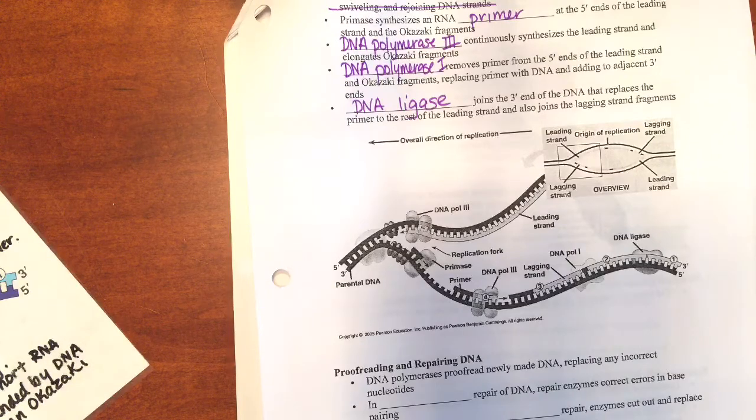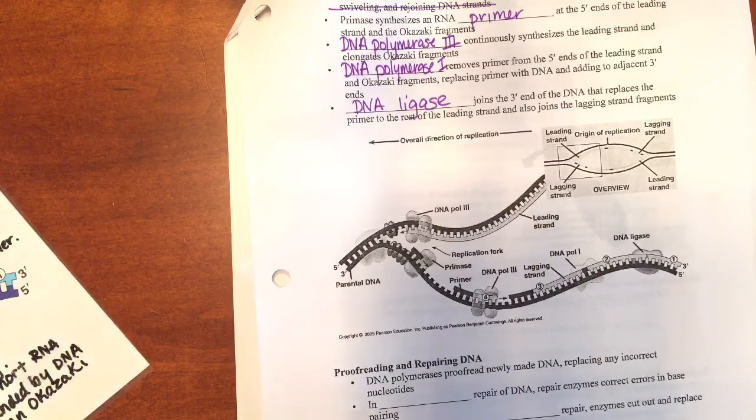What happens first? See if you can think about it. If you need to pause this, check yourself. After you paused it, you should have come up with that the helicase has to unwind and unzip, or break apart, the double helix. On this picture, which is helicase?